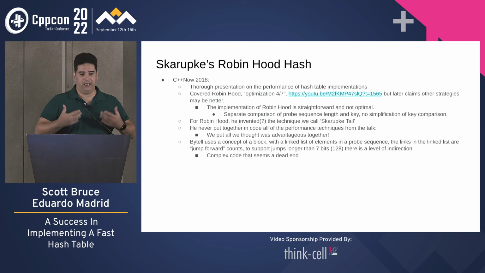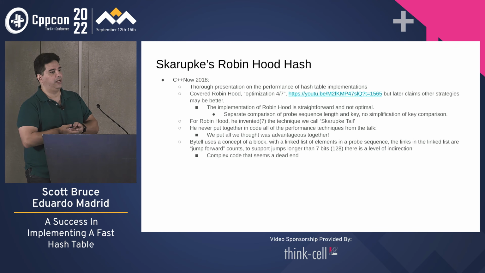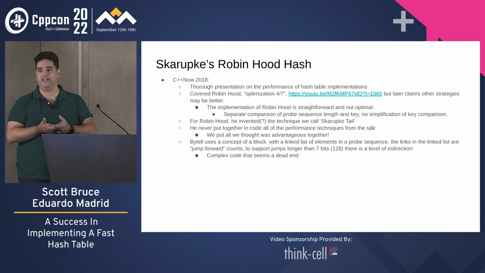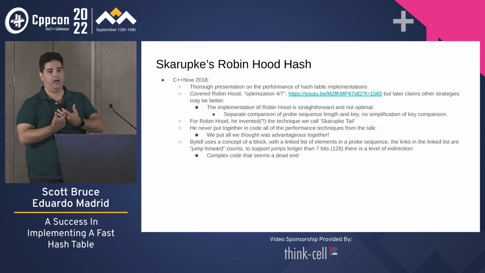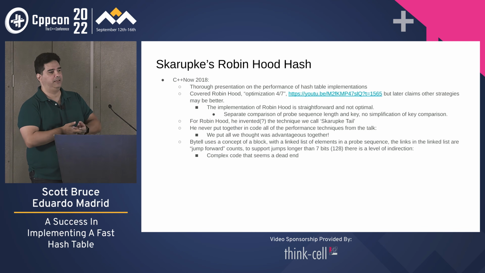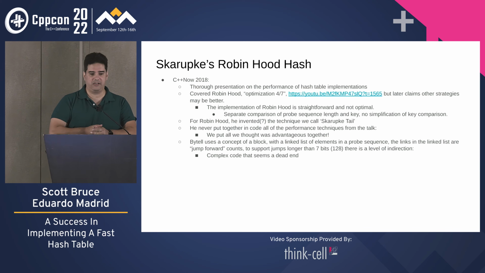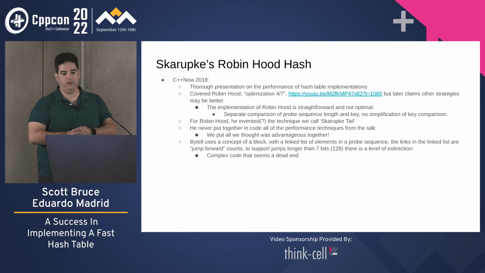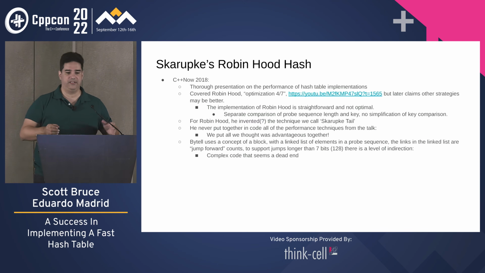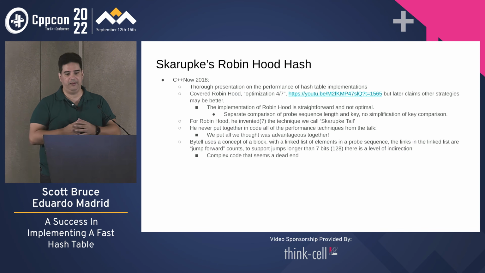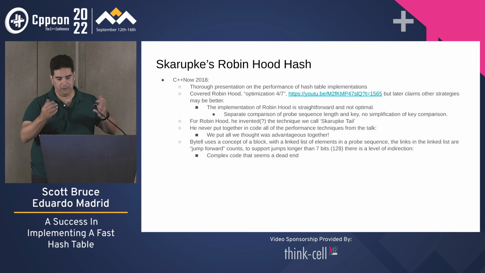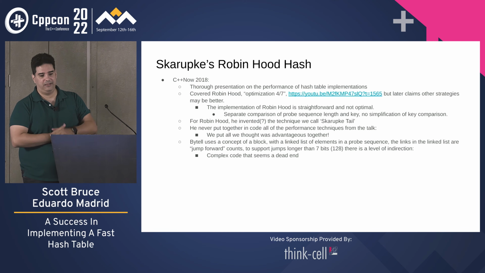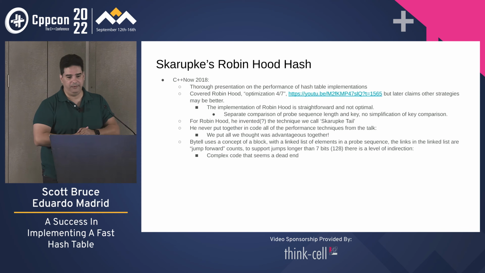In particular, if you want to read code that is understandable in terms of how a Robinhood invariant might be implemented, I will direct you to Malte Skarupke's implementation. He did a phenomenally good, very thorough and comprehensive presentation about the whole thing about hashing. Thank you very much, Malte, at C++ Now 2018.